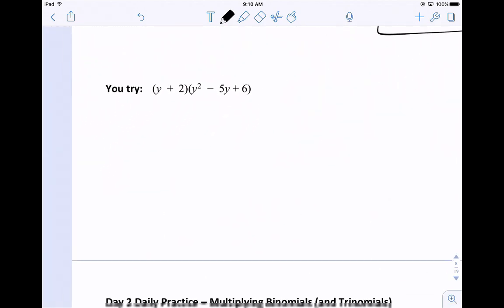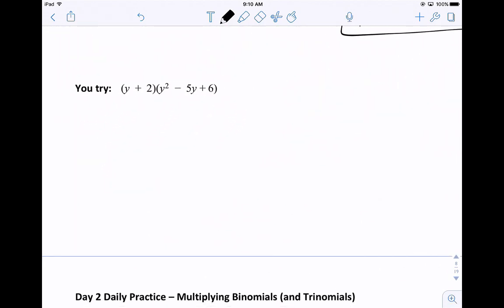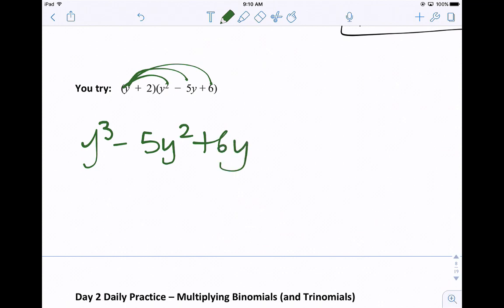And the last one, again, we can try distributing for this one. This one I use the box. I think it's easier, but if you want to use the FOIL method, it's distributing really to every term. It'd be y cubed minus 5y squared plus 6y. So there's distributing the y to everything. And then you would distribute the 2 to everything. Let's change colors here.